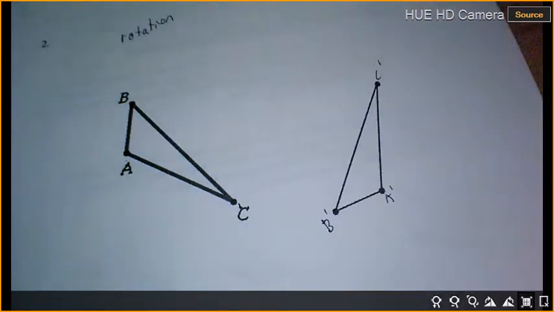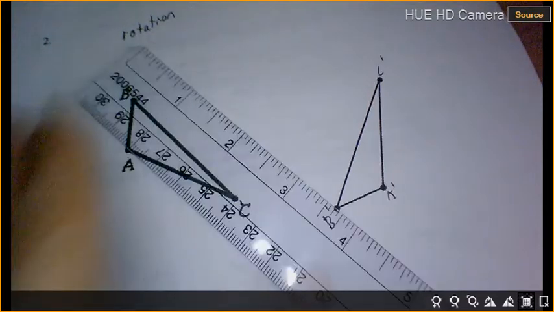Okay, so for a rotation, remember we have to find 2 things: the center of rotation and how many degrees happened. So what I'm going to do is connect B to B image, A to A image, and C to C image.